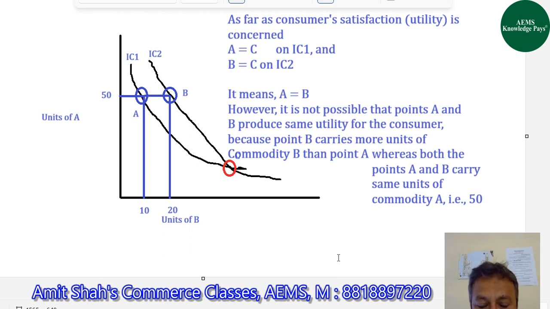So the points A and B that I have marked, each of them carries 50 units of commodity A. But out of these, point B carries more units of commodity B. For easy understanding, guys, I am making it X and Y so that you do not have any trouble while going through it. Units of X and units of Y.